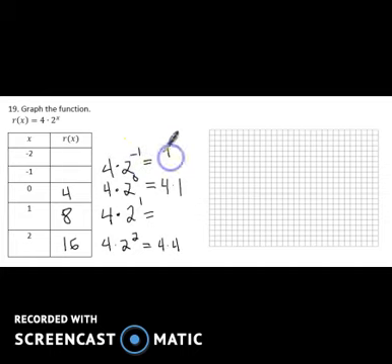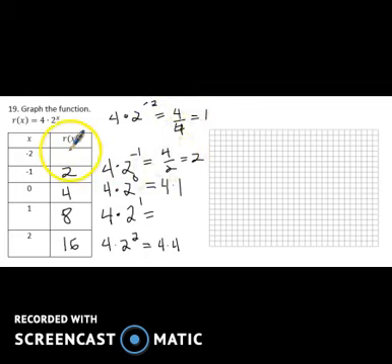That gives us 4 over 2, which is 2. And then our next one here, we have 4 times 2 to the -2, which is 4 over 4, which is a 1. Let's graph.